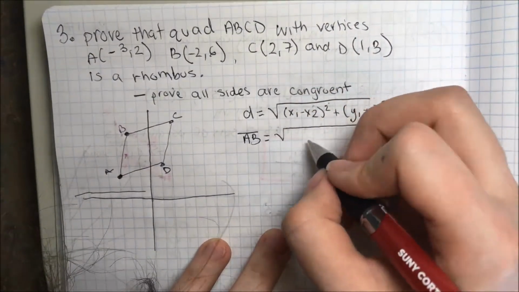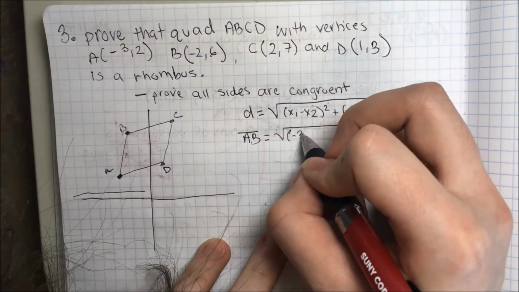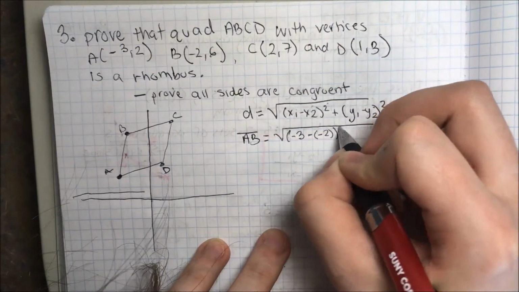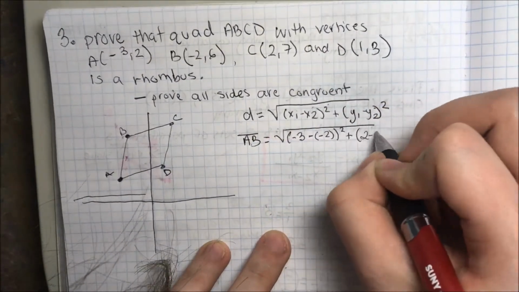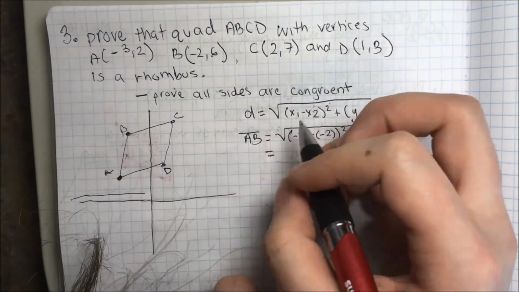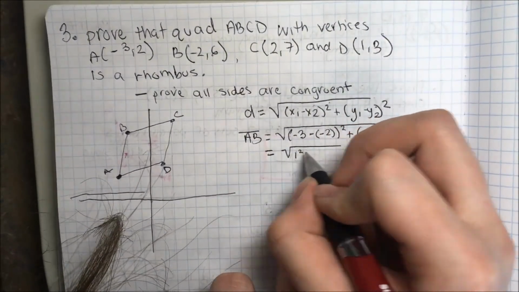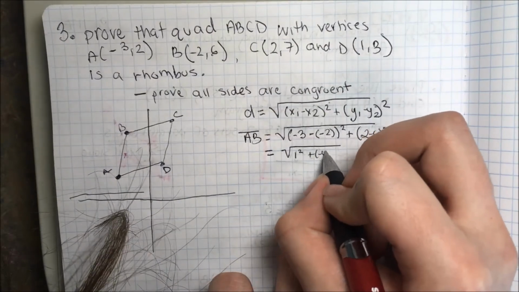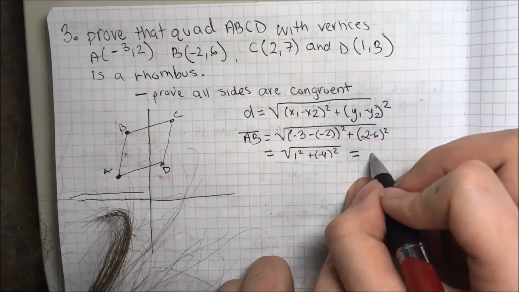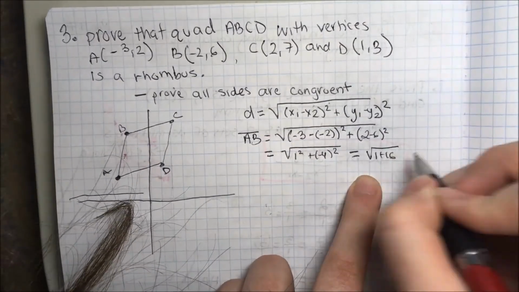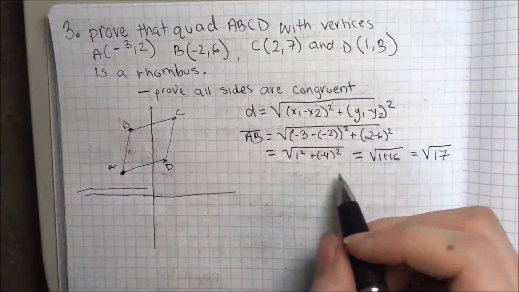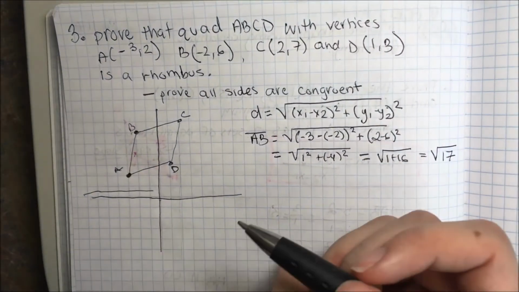So we have the square root of negative 3 minus negative 2 squared plus 2 minus 6 squared. This gives us the square root of 1 squared plus negative 4 squared, which is 1 plus 16, which is the square root of 17. So AB has a distance of square root of 17.